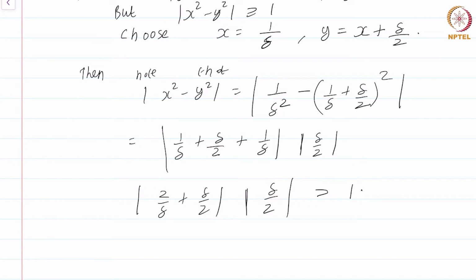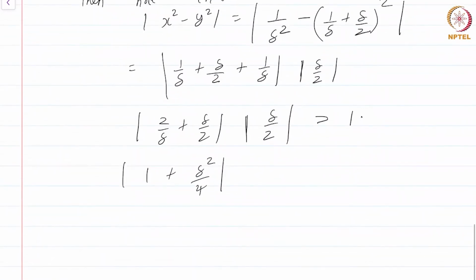In fact, what you get is modulus of 1 plus delta squared by 4, which is strictly greater than 1. So we have contradicted the definition of uniform continuity. Hence, x squared is not uniformly continuous.